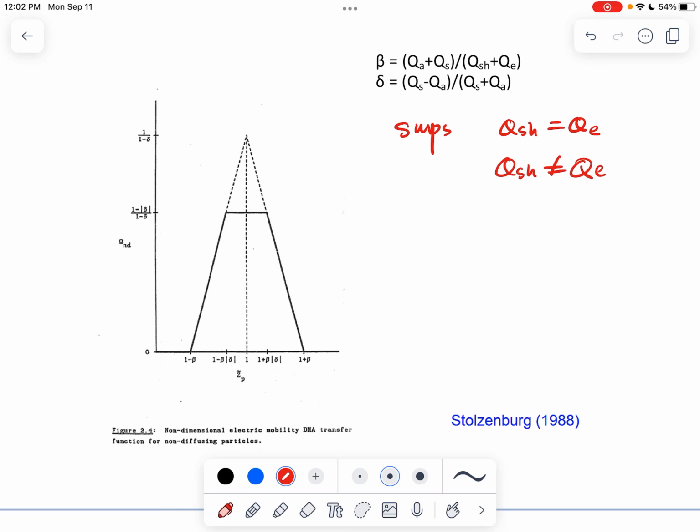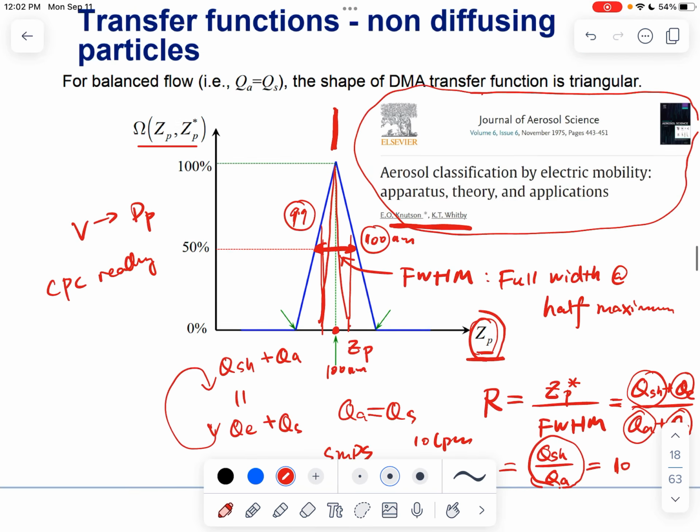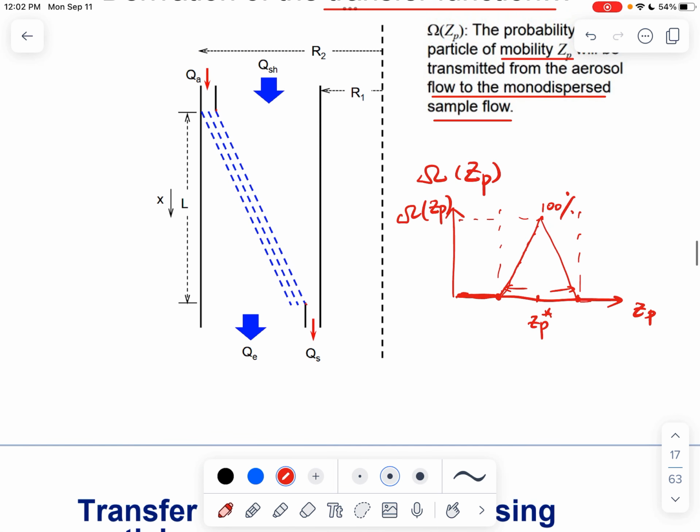equals Q aerosol, right? So what if the Q sheath is not equal to Q aerosol? Basically you can have, let's say, more sample flow compared to aerosol flow. If you draw that in this system here, it will represent a wider aerosol outlet.